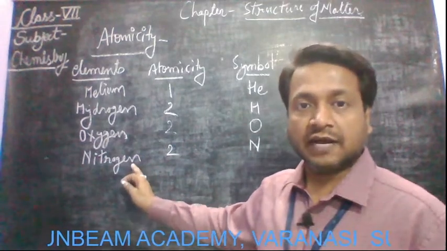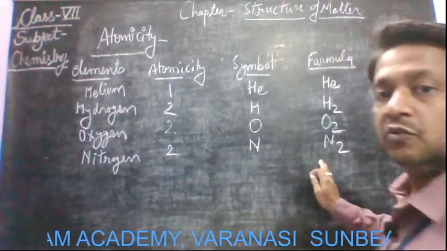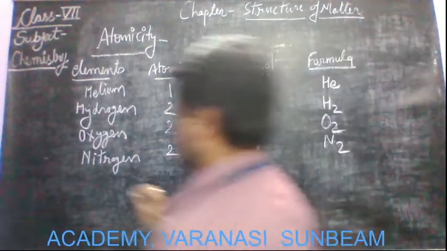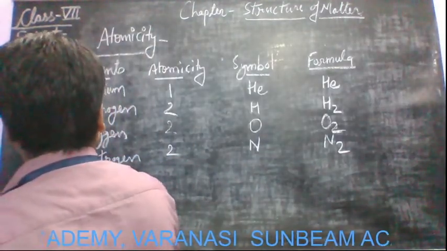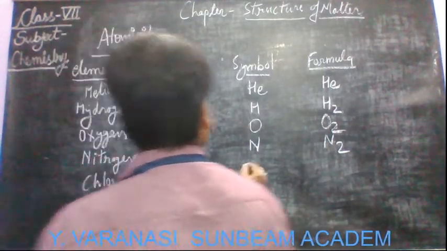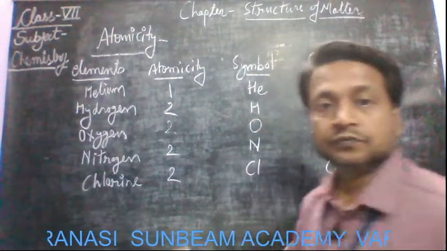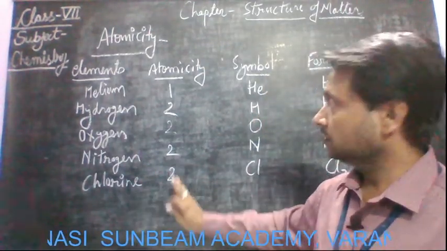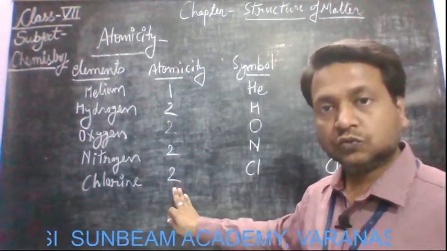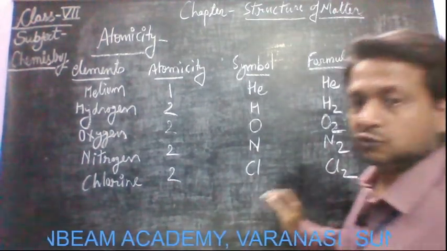Just like that, nitrogen: atomicity 2, symbol N, and formula N2. Chlorine also: atomicity is 2, the symbol is Cl, and the formula is Cl2.